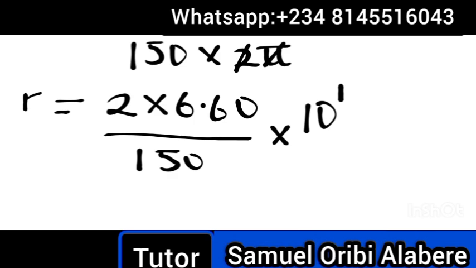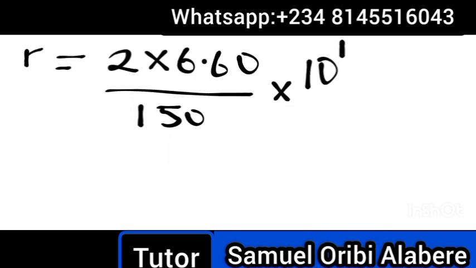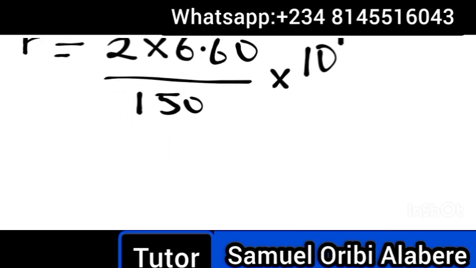So this will now be equals to 0.88 meters. So in other words, the radius of the straight wire is equals to 0.88 meters.